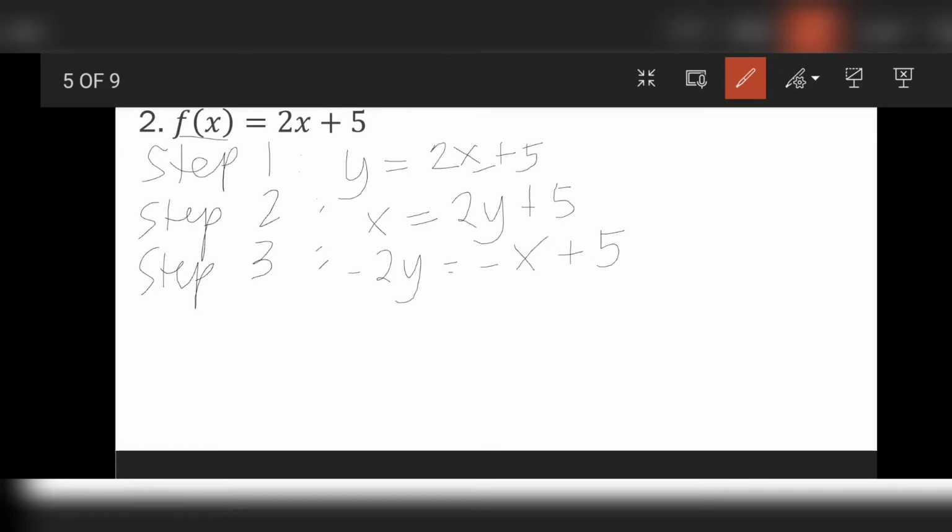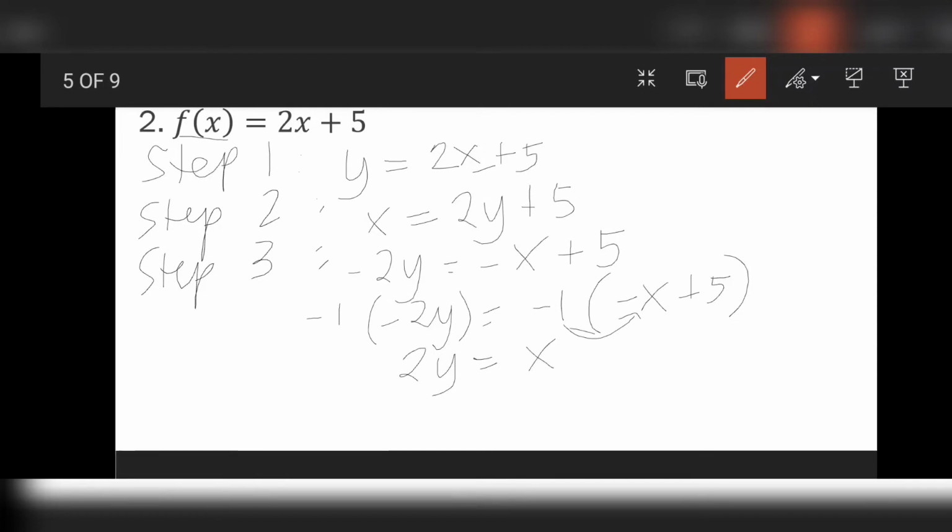Okay, again, we have negative 2y, so to make that positive, we can multiply by negative 1. So multiply both sides by negative 1. This gives us negative 1 times negative 2y, that will become 2y. Then negative 1 times negative x, that gives us positive x.